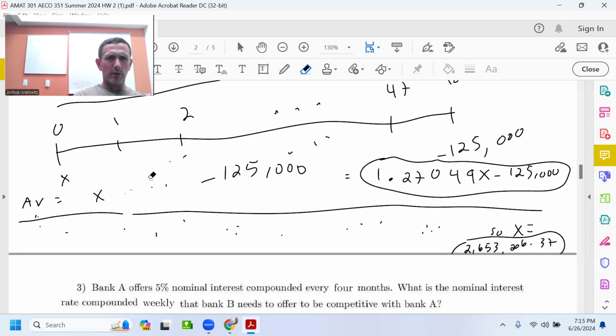So I'll start with this. X is at t equals 0, so we don't do anything to that. Discount the 125 by 48 months.